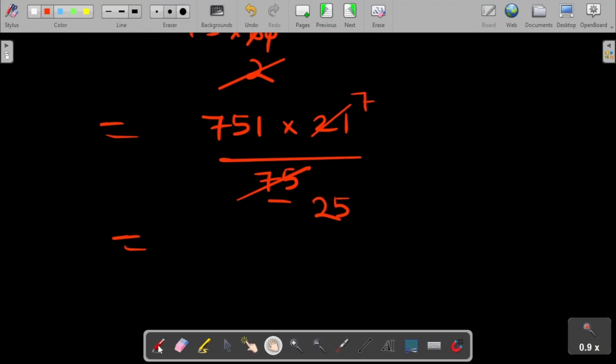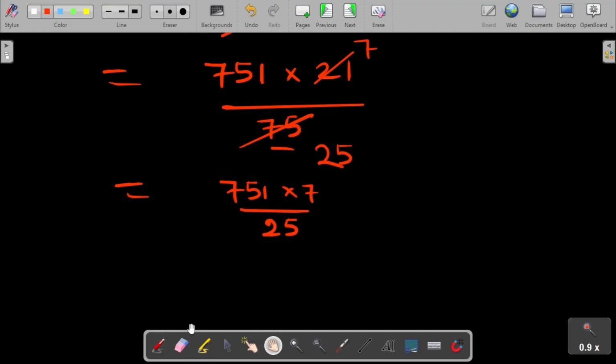Next, if I multiply, or further division possible? Okay, 7, 5, no. So further we multiply this to 751. 751 multiplied with 7 and divide with 25. So this is equal to what? If I multiply 751 with 7, this becomes 5257.